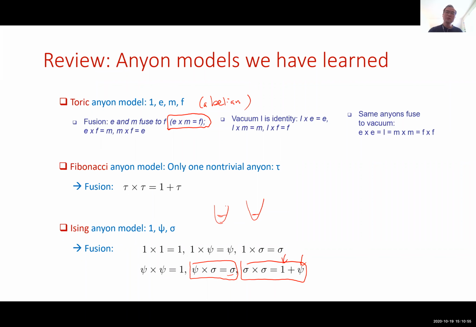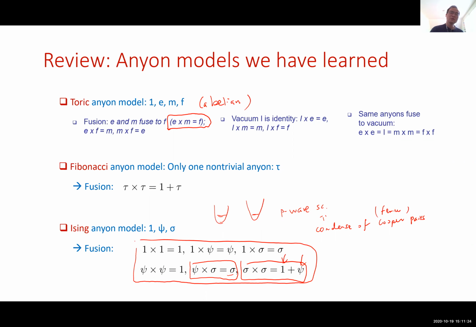And these come from p-wave superconductivity, in the sense that there is a condensate of Cooper pairs. But you can just take these as mathematical definitions of fusion.